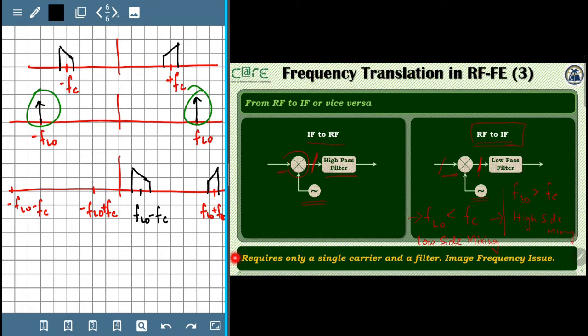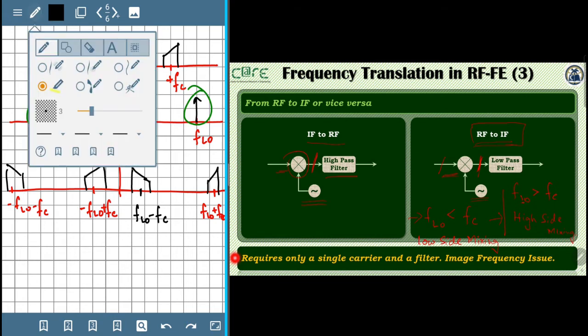And the shape of the spectrum will look like this and this. And what you see next is again a low pass filter.